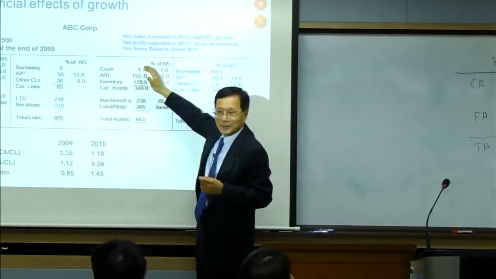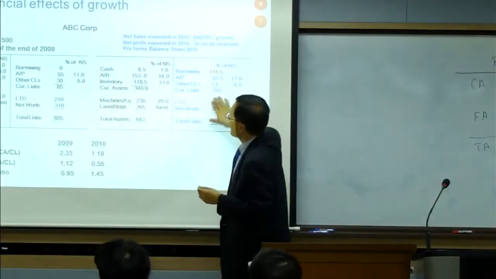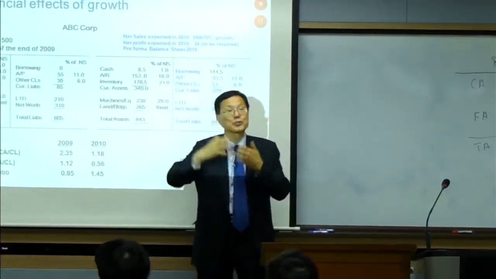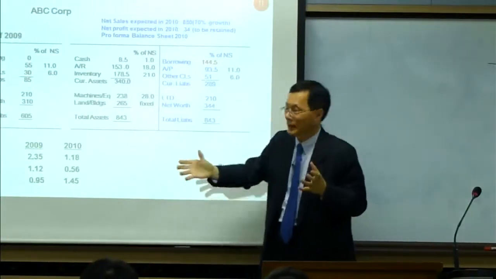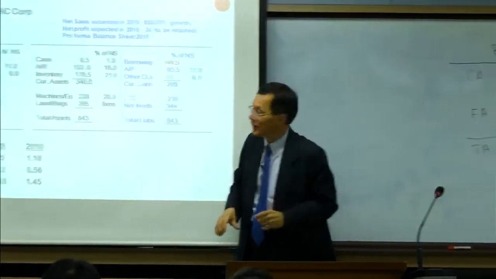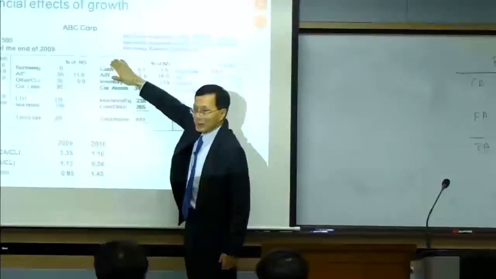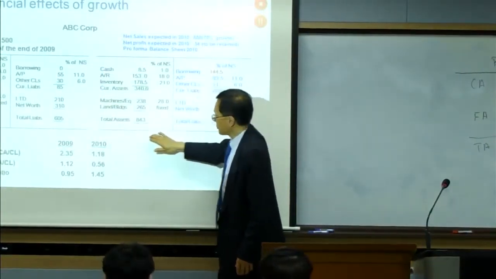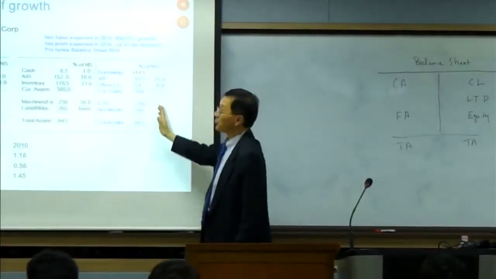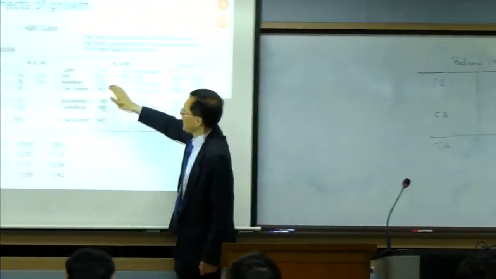Then let's fill out this pro forma, projected balance sheet. Okay? We want to create this pro forma balance sheet. How I do it, I usually do it from the left-hand side, from top to bottom, and then move sideways and bottom to up. So cash.